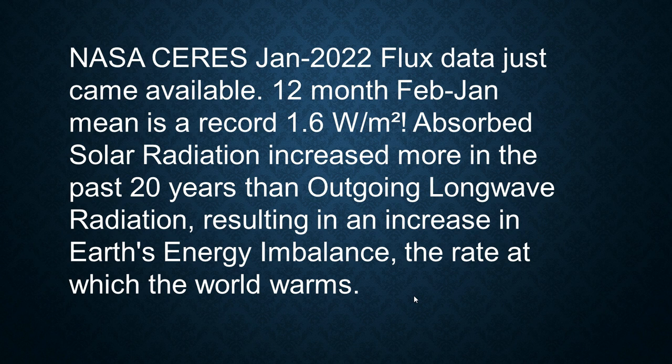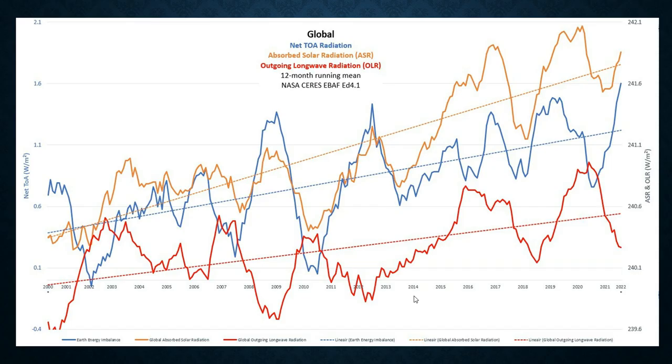If the amount of heat absorbed is the same as the amount of heat lost to space, then your energy imbalance is 0. There is none. But if you are absorbing more heat than what's being lost to space, you're going to have an imbalance. You're going to have a warming. And this is what we're seeing. So let's take a look at it.